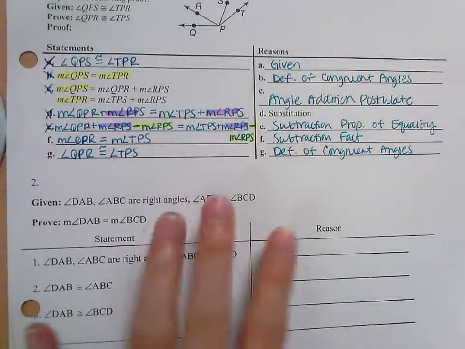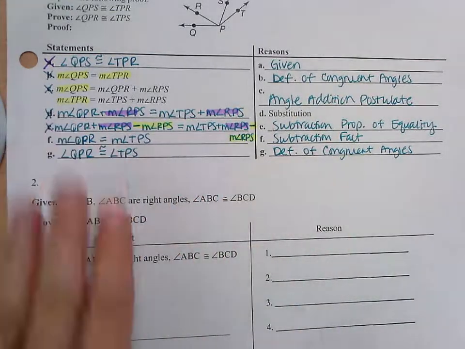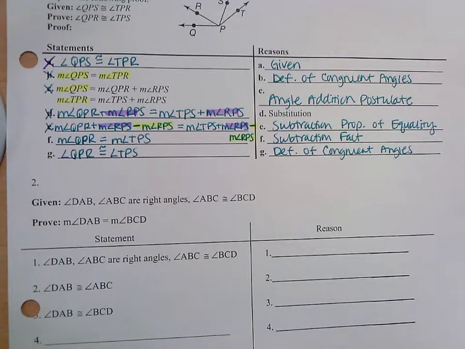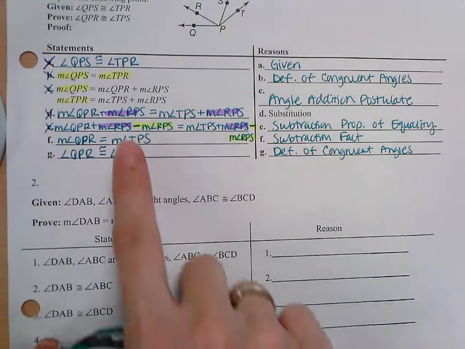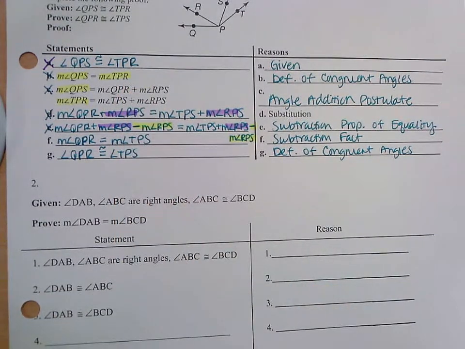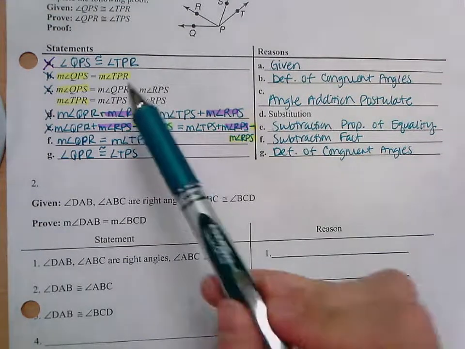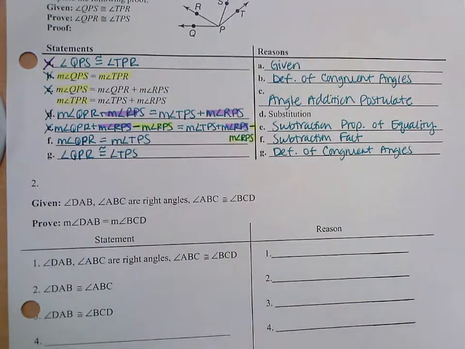Now, I definitely, in this proof, left a lot more things that you had to write in because we're going through it together. But it's making sure that even if you saw some of these statements typed out, you have to still understand by looking at what you're given or looking at the picture why they're saying that. That's the whole point of a proof, is why can I say this is true?